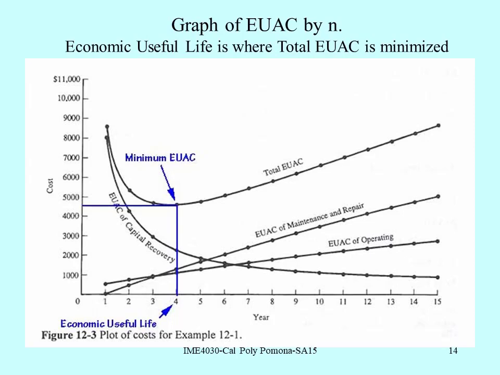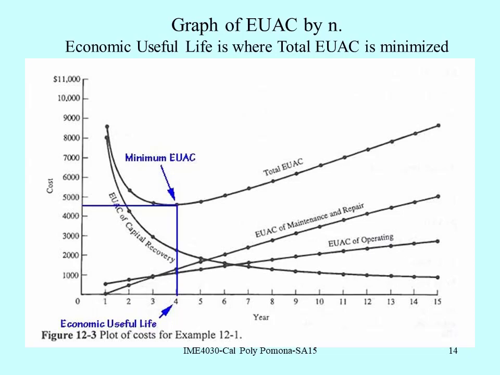And you'll notice that at year 4, that's where that EUAC curve dips to its lowest point. So that year is the economic useful life, and the total EUAC is the minimum cost EUAC. And these are the numbers we're going to use to compare this alternative to any competitors.